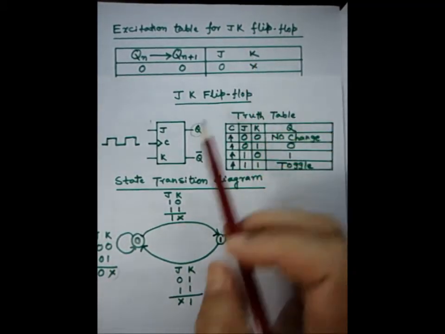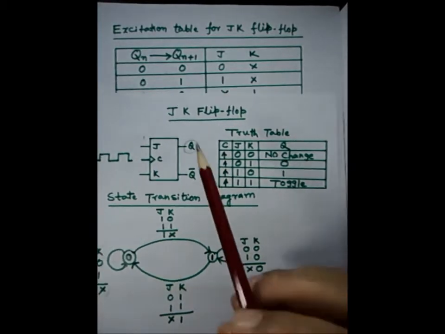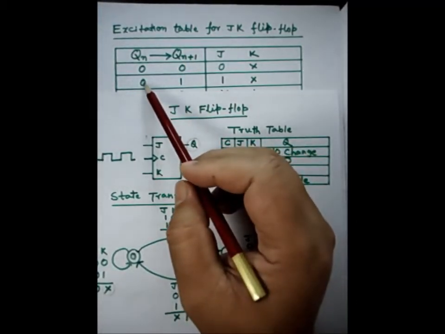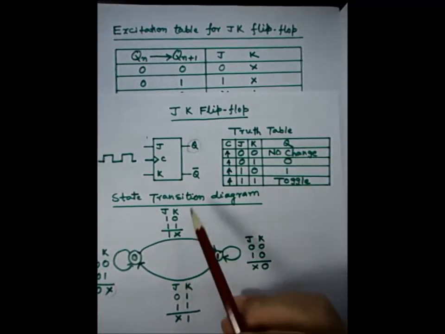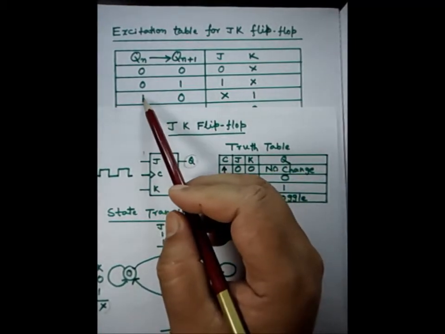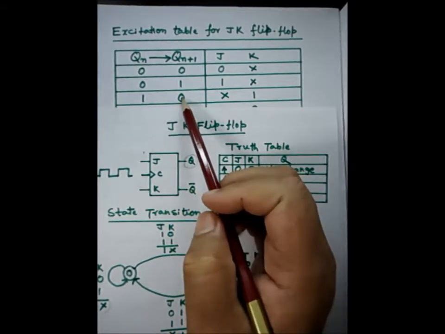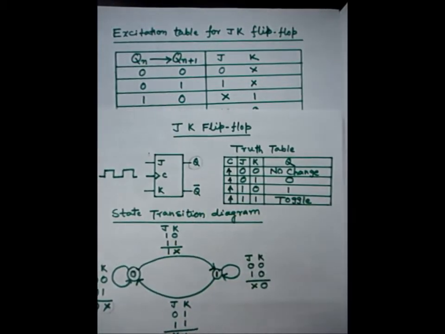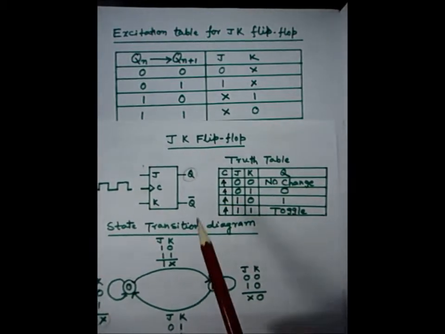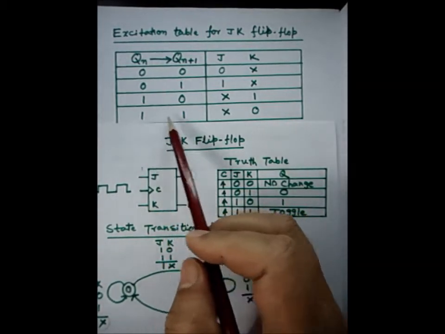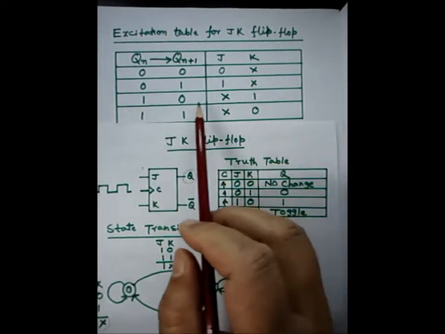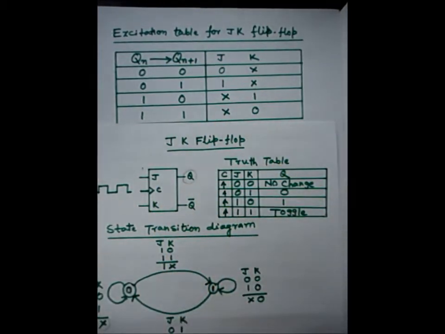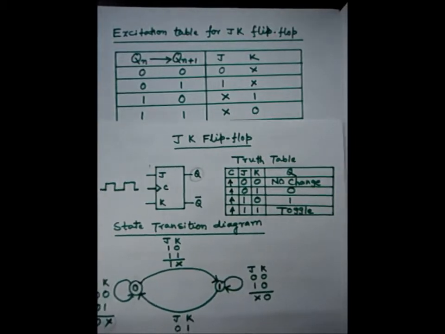When the previous state was 0 and the next state is 1, this is the scenario 1x. When the previous state was 1 and the next state is 0, this is x1. And in the case of 1 to 1, it is x0. That means this excitation table has been prepared from the state transition diagram only.